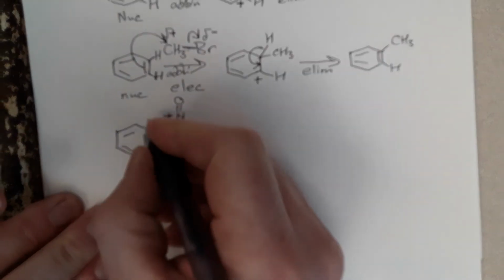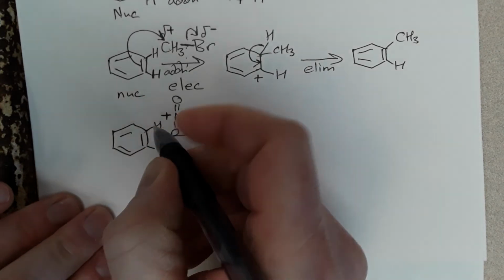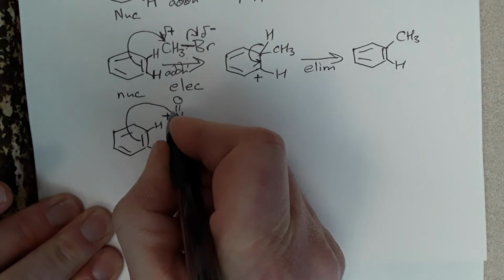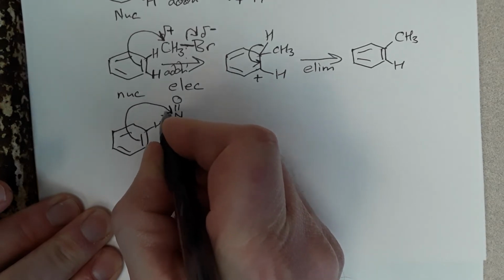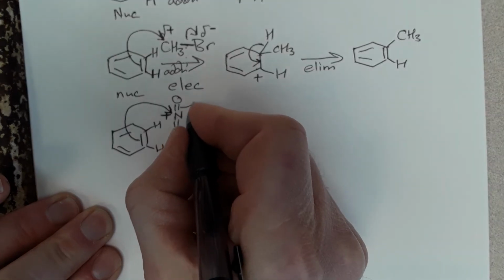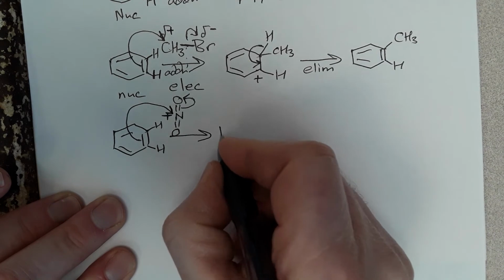Okay, so again I'm drawing in these hydrogens just to keep track of them. I'm breaking the pi bond and attacking the nitrogen here, the positive nitrogen, and that would give it 5 bonds, which is impossible, so I have to break one of these pi bonds to make it have 4 bonds.